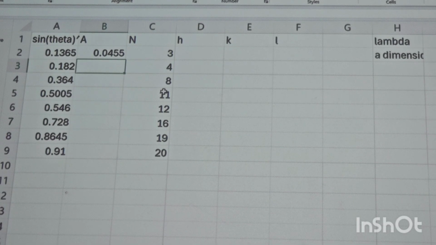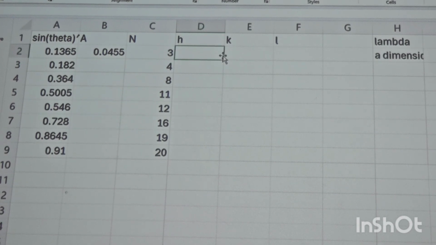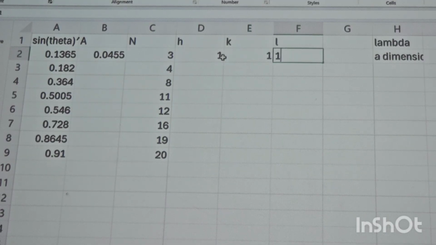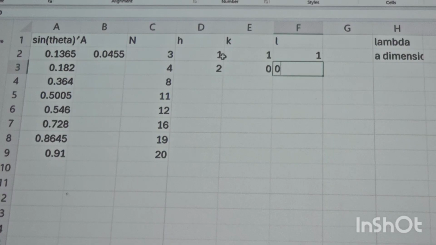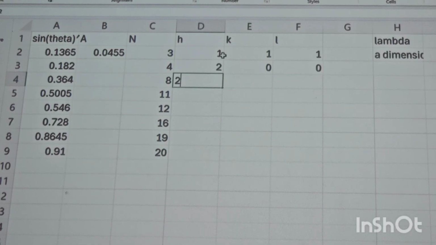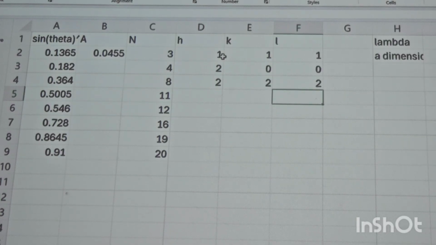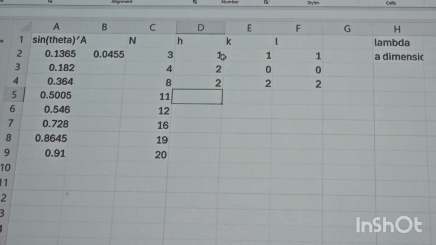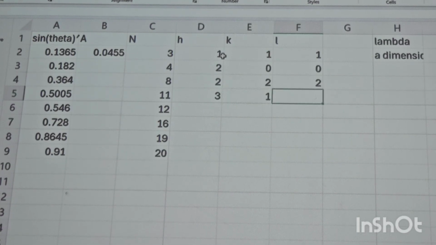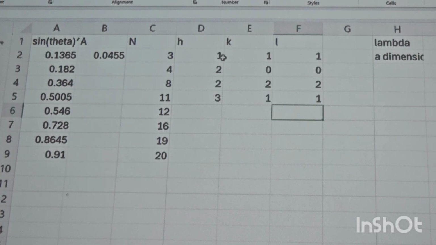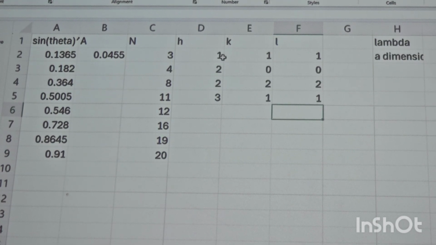I need to now index the peaks. So 3 corresponds to, say, 1, 1, 1; 4 is 2, 0, 0; 8 is 2, 2, 2. You can already tell it's face centered cubic. 11 is 3, 1, 1. It doesn't matter whether you write 3, 1, 1 or 1, 3, 1 or 1, 1, 3 because it's cubic.